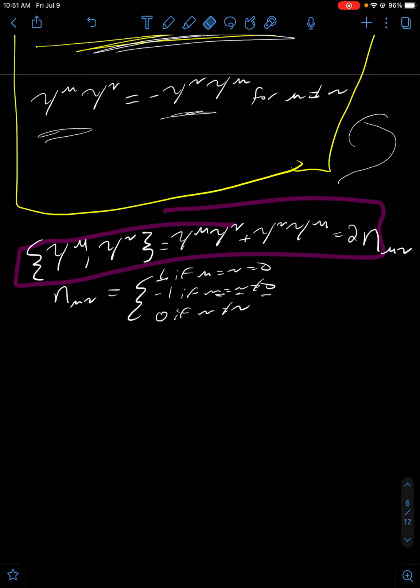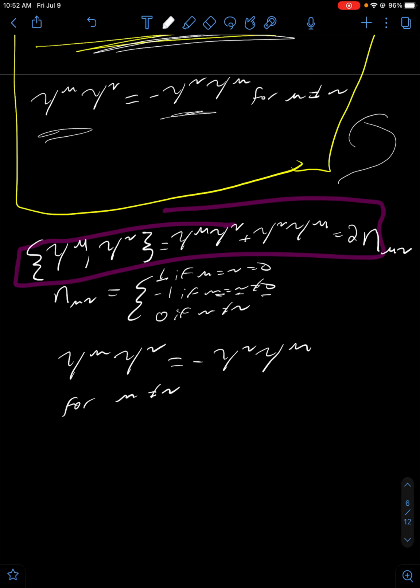Because note that gamma mu gamma nu equals minus gamma nu gamma mu for mu not equal to nu, right? So they anti-commute under multiplication. What other things in math do we know that anti-commute under multiplication?